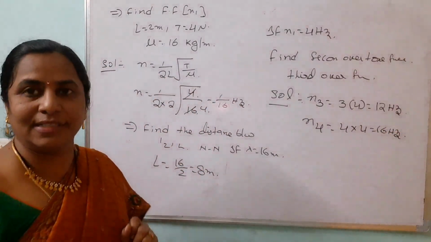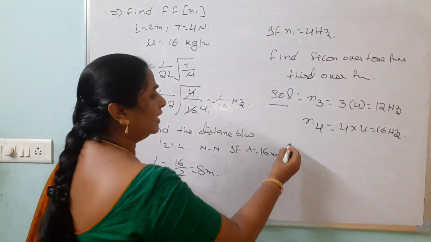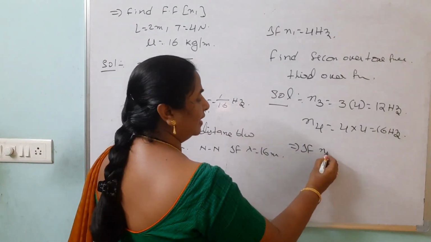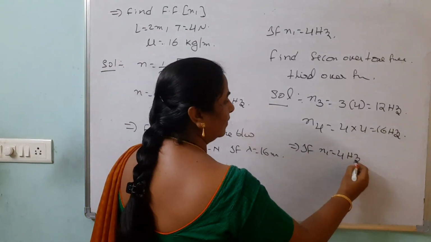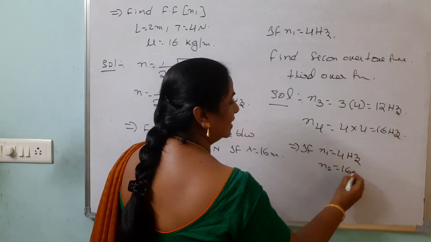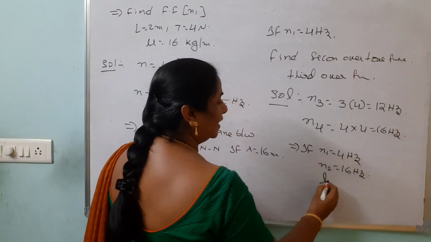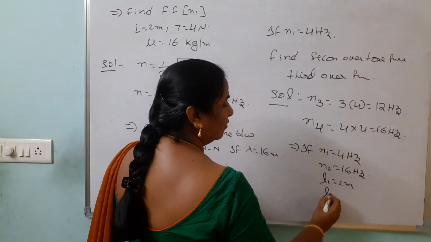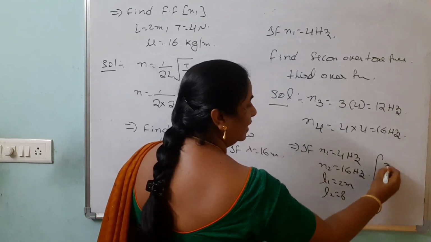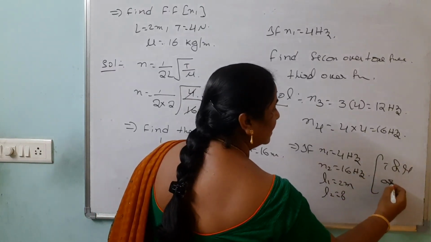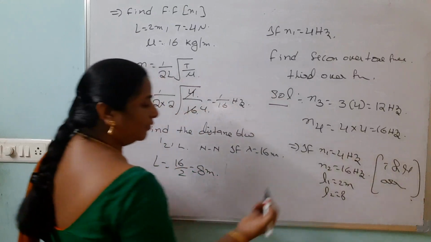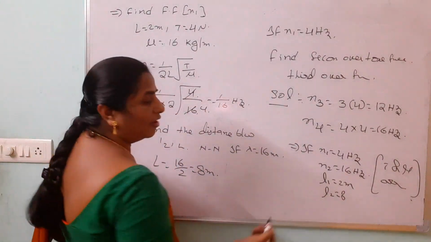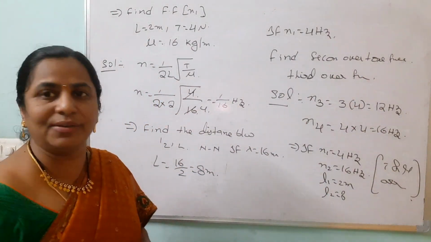Not only this one. If N1 equals 4 hertz, N2 equals 16 hertz, L1 equals 2 meters, find L2. Here tension and linear density are constant. Immediately we know the formula N1 L1 equals N2 L2.